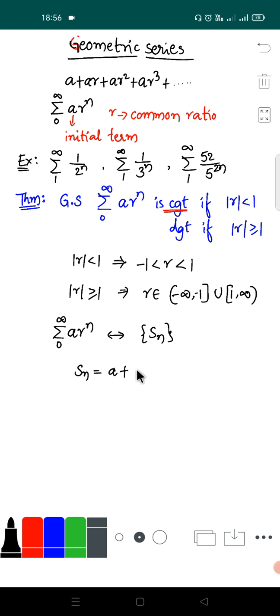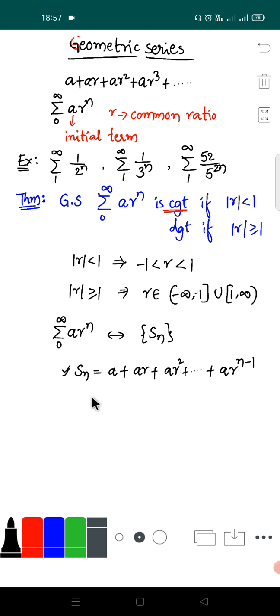So it looks like a plus ar plus ar square and so on up to ar to the power of n minus 1. We try to find the nth term, and then we try to find its limit.